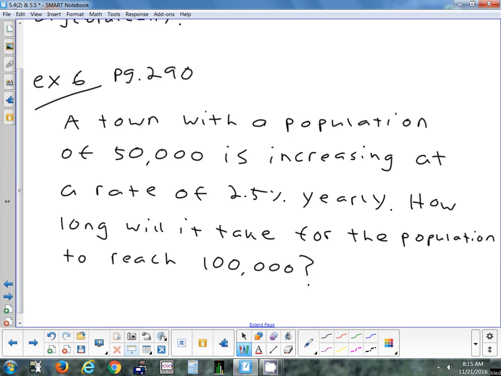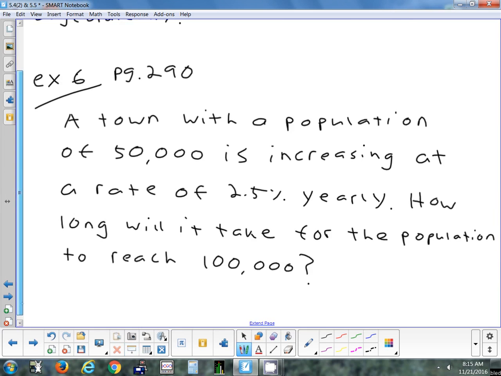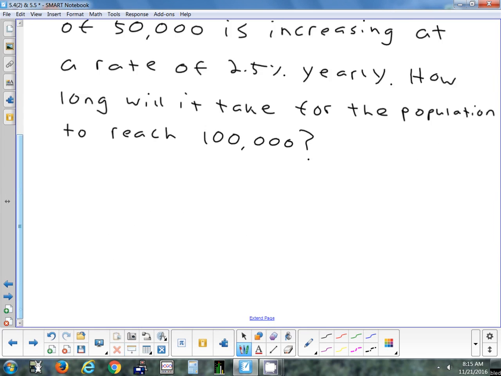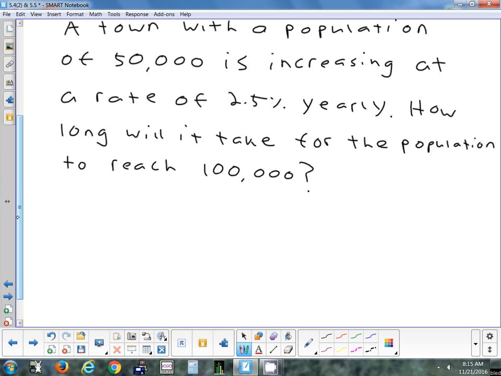But if you want to copy it again, you can. And I want to know when the population is going to reach 100,000 people. So we did it on November 8th. Yeah, probably when we did 5.4 part 1. It was 5.1. Thanks, David. Oh, 5.1? Okay. I was wondering. I write the dates down.